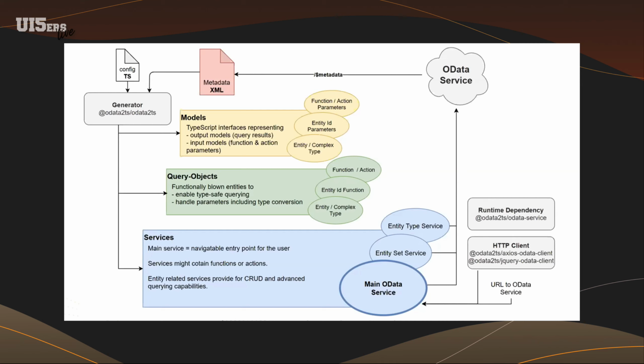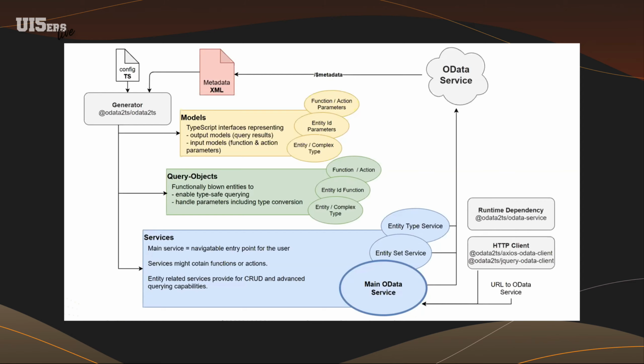And on the other hand, one HTTP client. For the web components case, we use Axios as one standard choice. And when using UI5, we have the jQuery OData client. You pass in jQuery, and then we just use jQuery to do all the necessary HTTP communication.